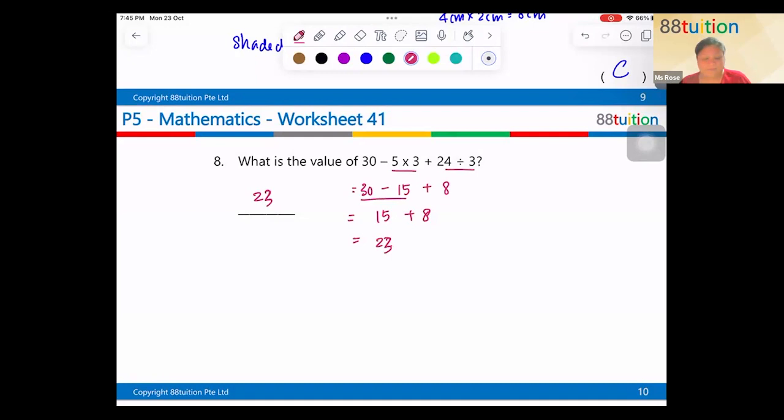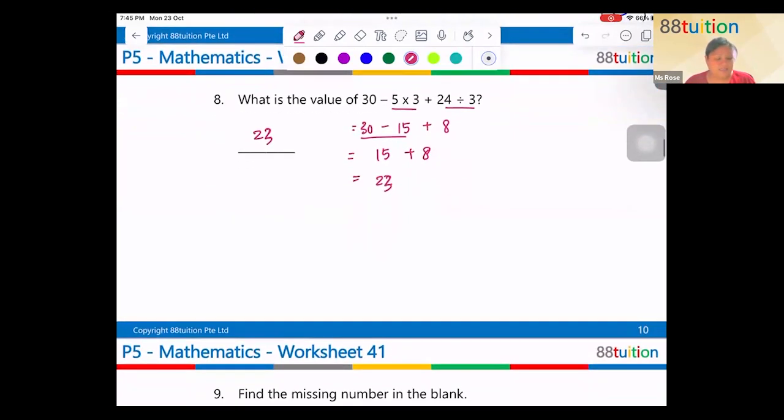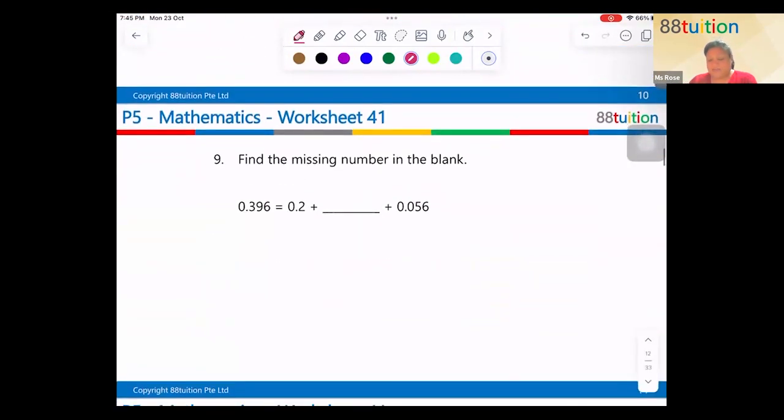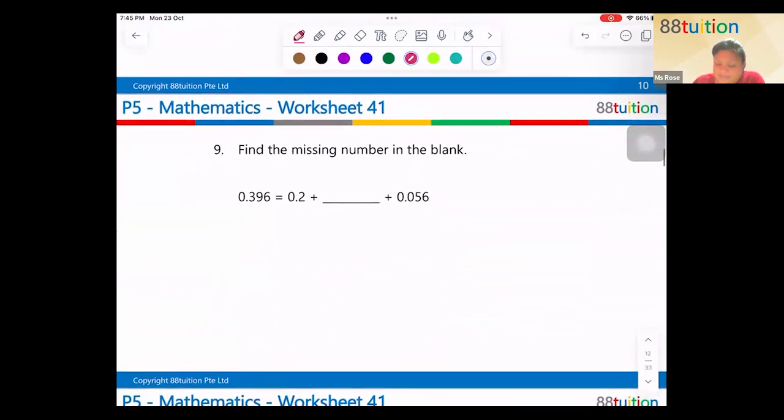Okay. Question number 9. So what is the missing number in the blank? I have to break it up into 0.2 and, remember, no calculator, 0.56.